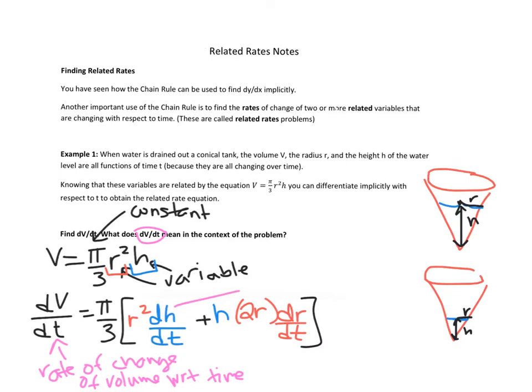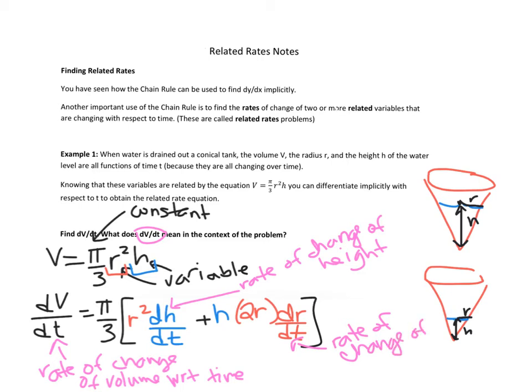And you might be able to guess that dh/dt is the rate of change of the height, and dr/dt is the rate of change of the radius. And like I said earlier, all of those things are changing as the water is draining out. So those are all going to be part of our equation.